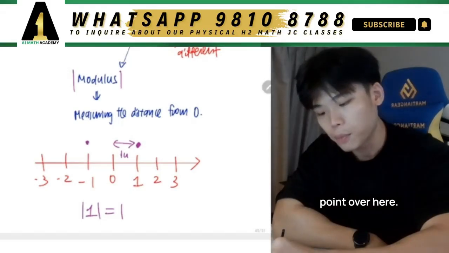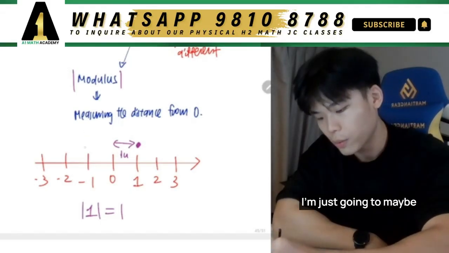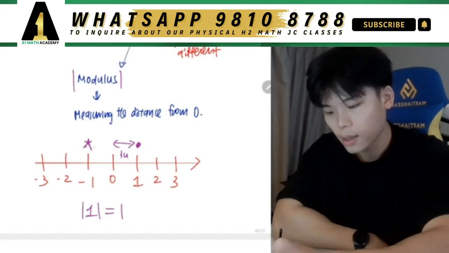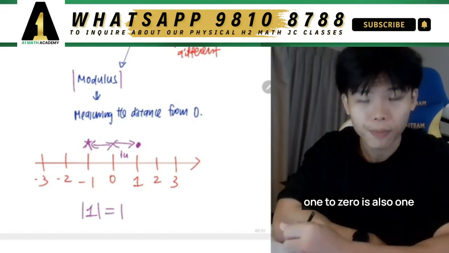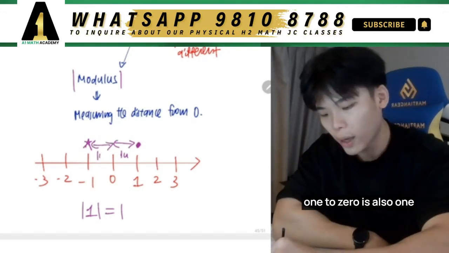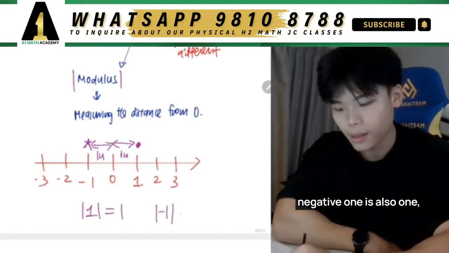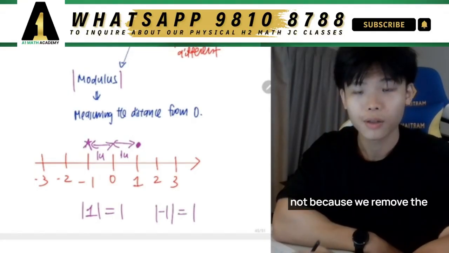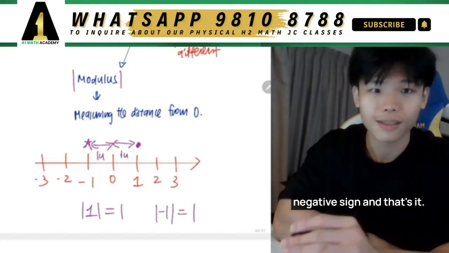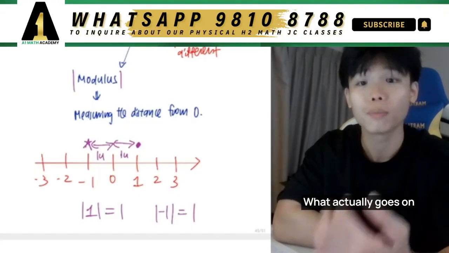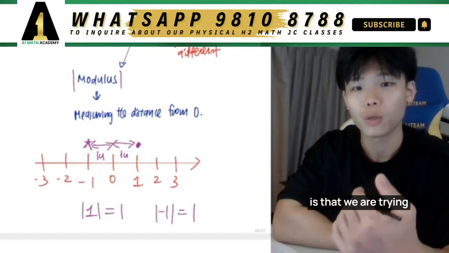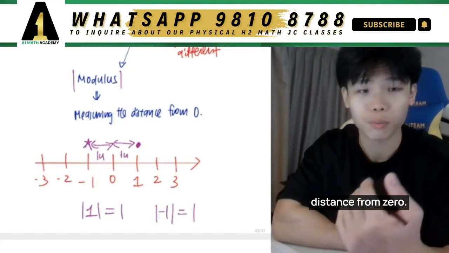Let's say I have another point over here. I'm just going to draw a different shape. Let me draw a star. The distance from -1 to 0 is also 1 unit. Therefore, modulus -1 is also 1. Not because we remove the negative sign and that's it. What actually goes on underneath the hood is that we are trying to find out what's the distance from 0.